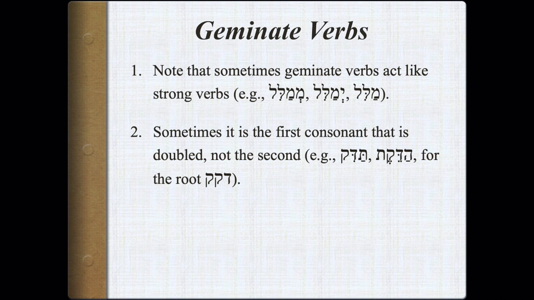In some cases, it is the first consonant that ends up being doubled, not the second. For example, in the root dakak, you see that it is not the kof that is doubled, but the dalet, which is the first consonant. And yet, the root seems to be dalet kof kof. So this is just kind of an oddity.